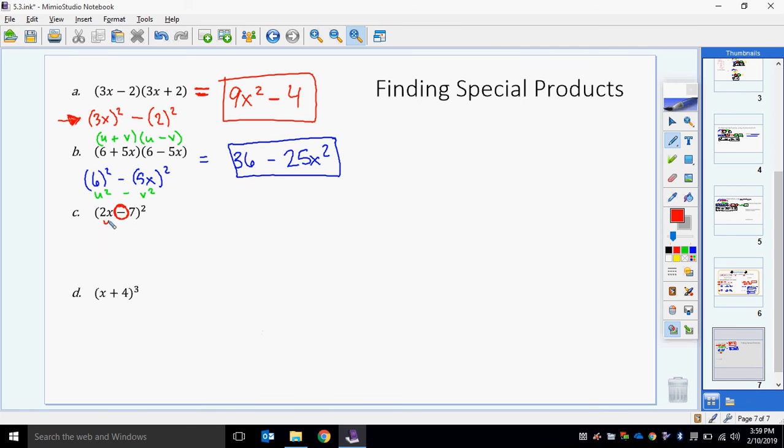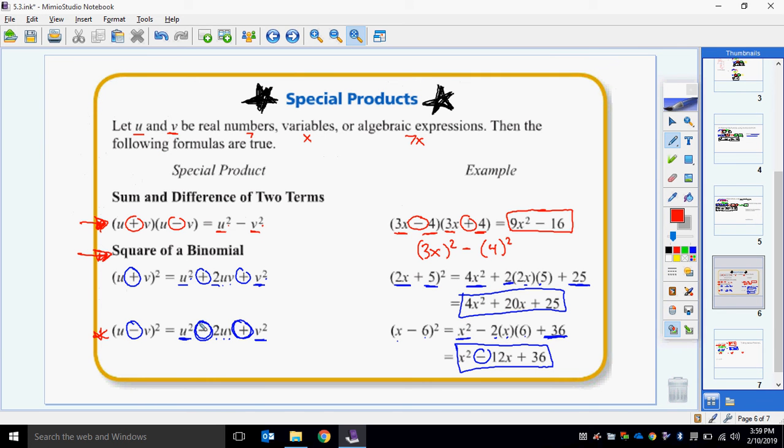So remember, this is my u and this is my v. So if I squared the 2x, I would get a 4x squared. And if I squared the 7, I'd get a 49. And now this subtraction sign is going to tell me the signs are negative and then positive, so minus and then plus.